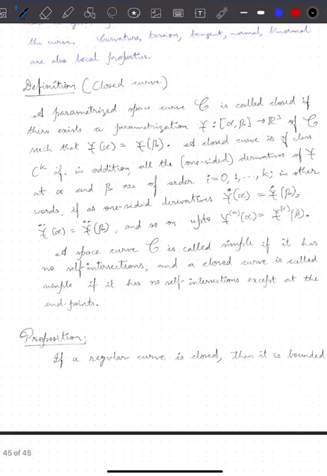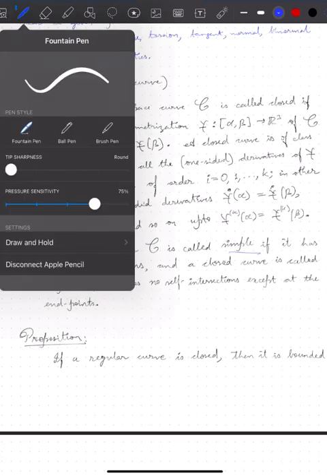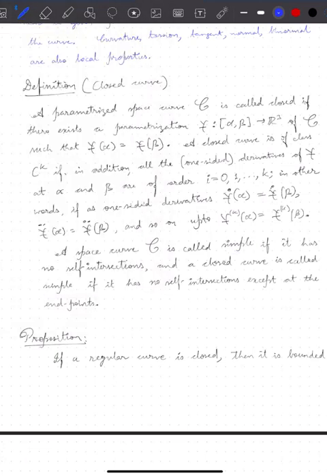So we had discussed a simple closed curve. And it has an equivalent in the planar curve, which is a special case of this space curve. So the simple closed curve in R2 will also have an equivalent.